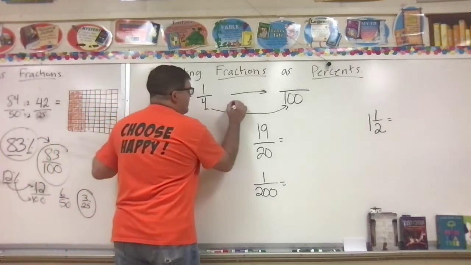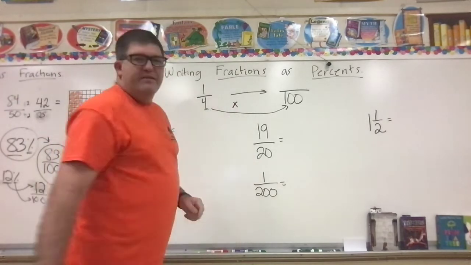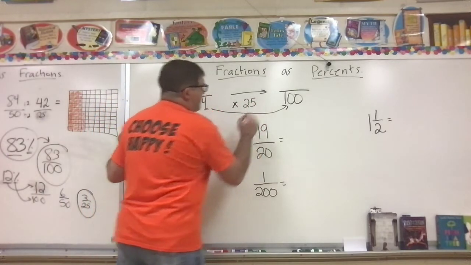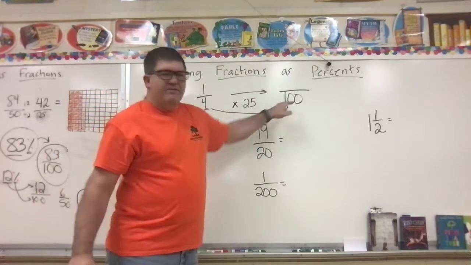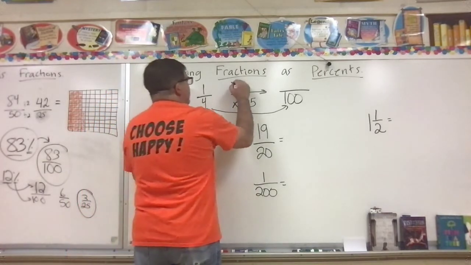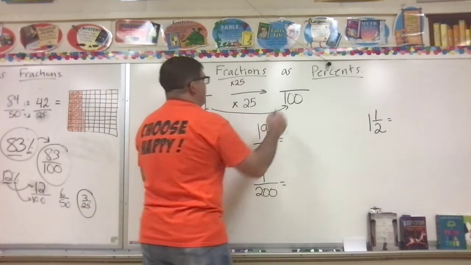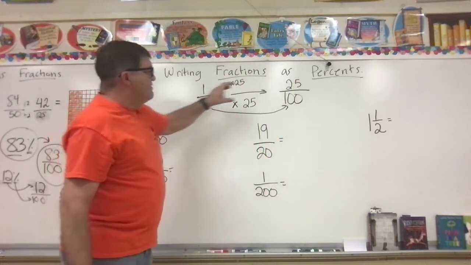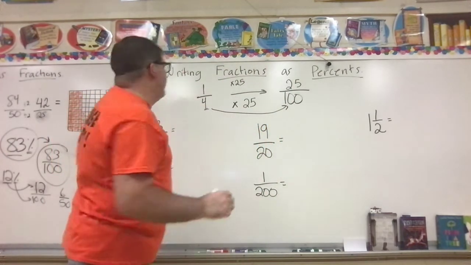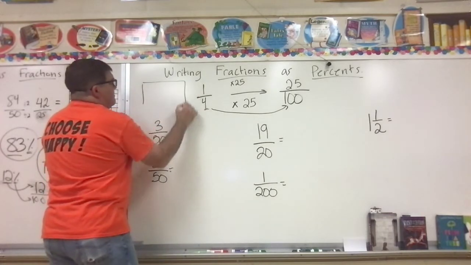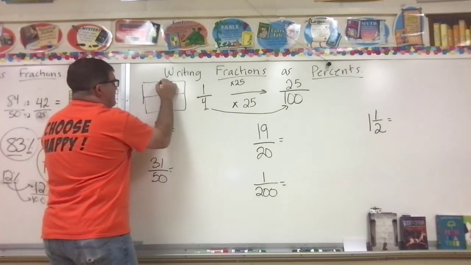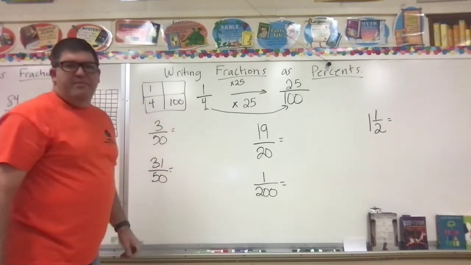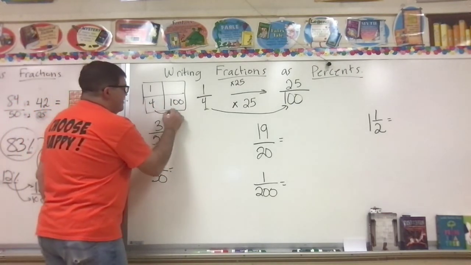So 4, it's getting bigger, so 4 times 25. 4 times 25 gets me 100. 1 times 25 gets me 25. So 1/4 is the same as 25 of 100. If you like working with the ratio tables, it's this type of thing. How do I get from 4 to 100?